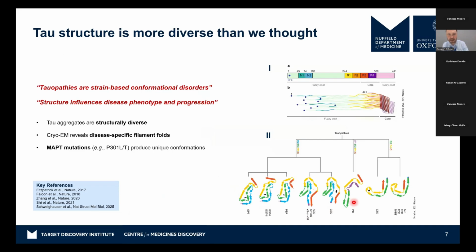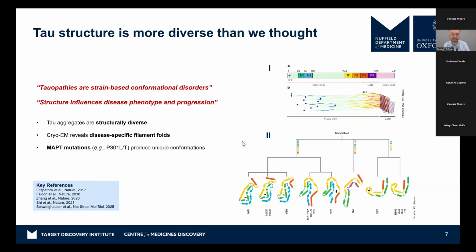So cryo-EM work first established that tau filaments in Alzheimer's disease have a characteristic architecture, and later studies have shown that PSP, corticobasal degeneration, and Pick's disease, for example, also have distinct core folds of the tau protein. And this supports a strain-like conformational model of tauopathy.